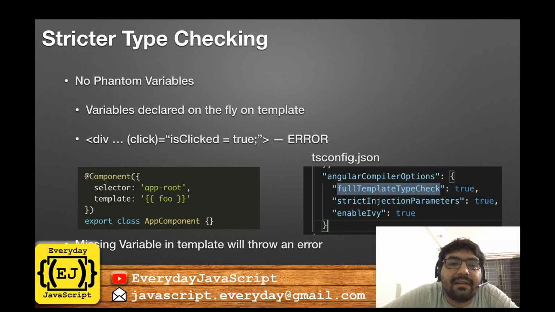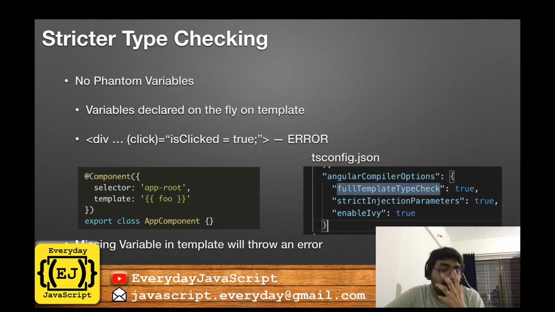Some developers used to declare or manipulate the value of the variables just like this on the template itself. Now it will throw an error, and it will also throw an error if there is a missing variable in the template and that variable is not present inside the class. So that means that we have an option of stricter type checking on Angular 9.